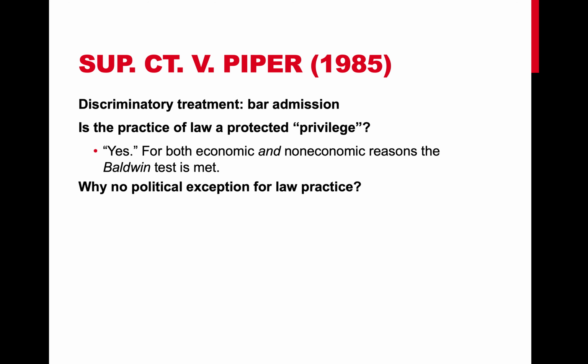And one argument that New Hampshire tries to make here is that the practice of law is more like office holding than it is like a regular job, than it is like shrimp fishing, right? So if precedent says that a state can say the election of state judges is limited to state residents, isn't the practice of law more like that than it is like shrimp fishing?